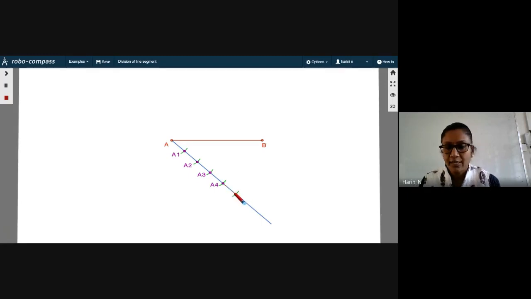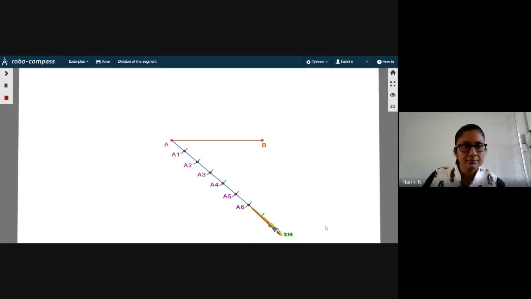Okay, once you have located all the 7 points, A1 till A7, what's the next step that we have done? You should be able to recall the steps because next we are writing the steps of construction. So A7 is ready.